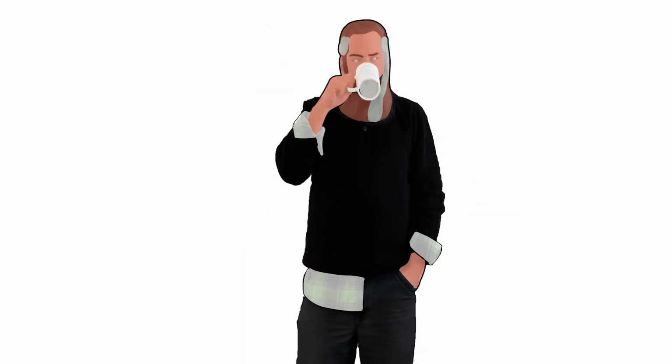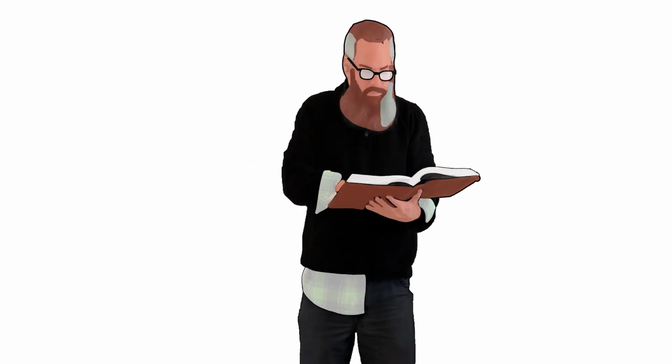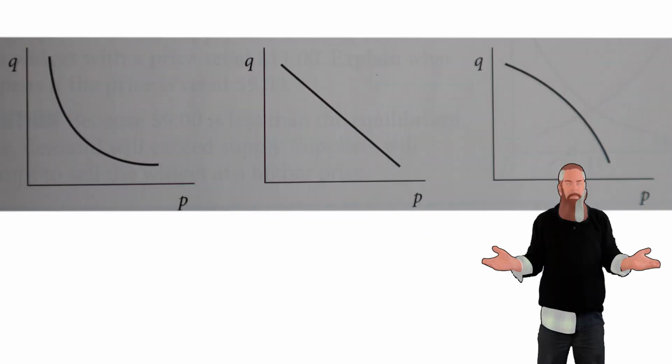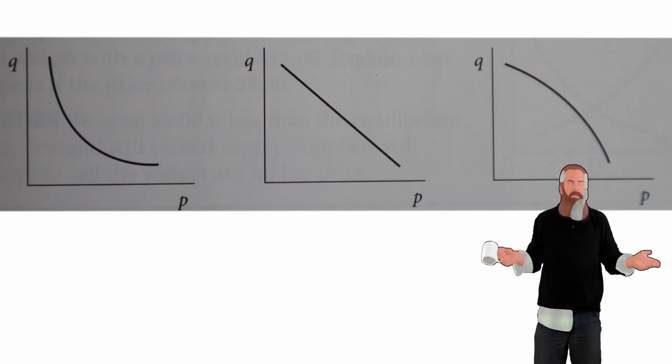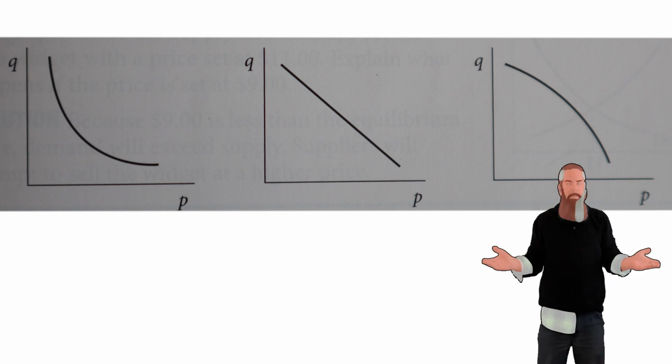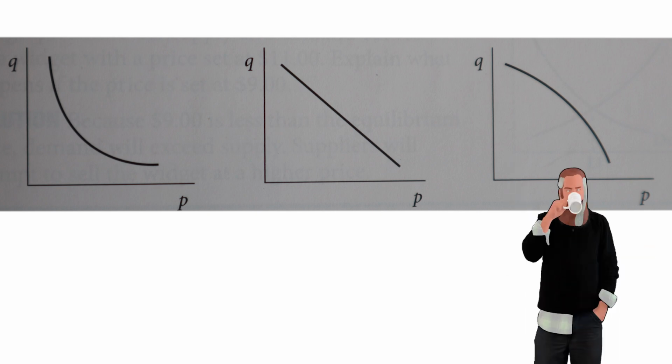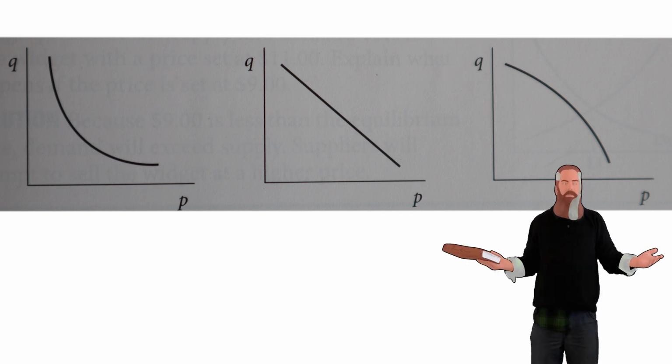If a widget has a high price, fewer widgets will be sold. As the price increases, demand, the quantity consumers want, is likely to decrease. As the price decreases, demand increases. The graph of the demand function is a negative slope. However, its curvature varies as shown in these 3 demand curves.